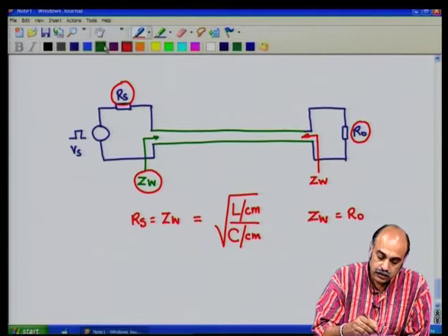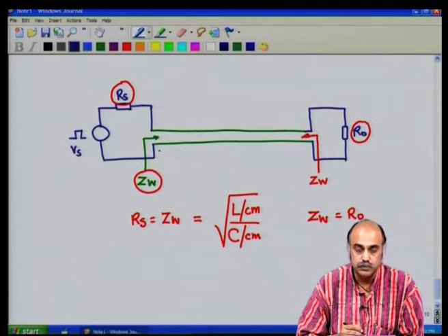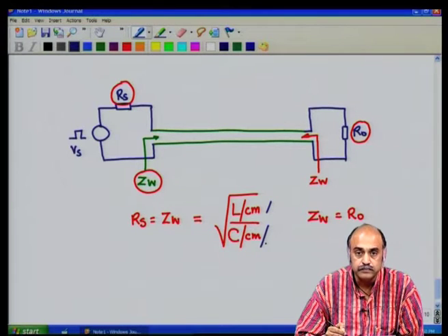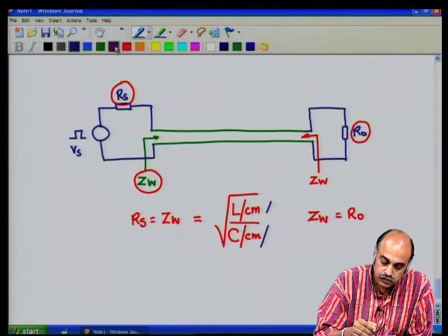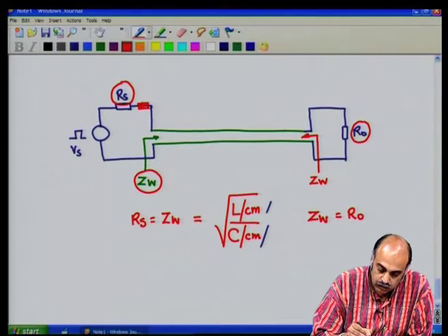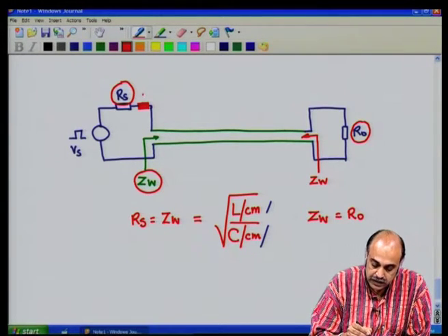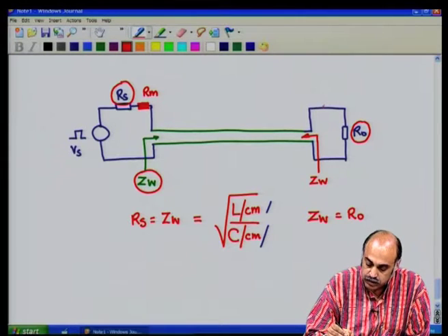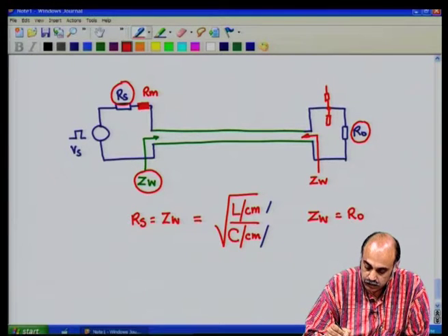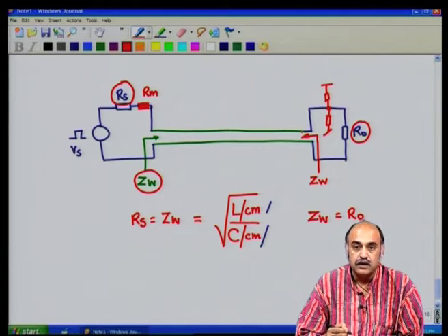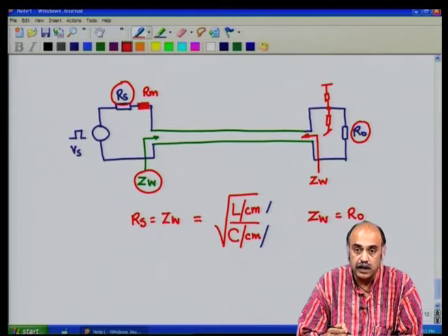In case you may not be able to manage with just the track widths and spacing, you may have to include an extra component here to match the source side and the wave impedance, and probably even an extra termination to match the load side with the transmission line or the tracks.